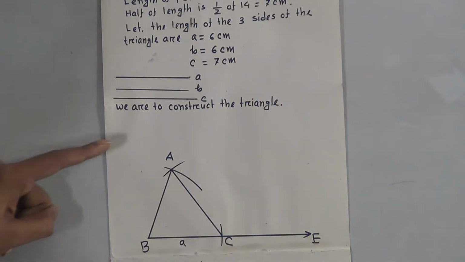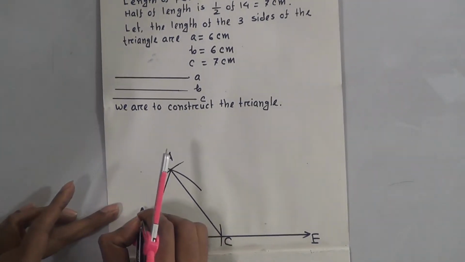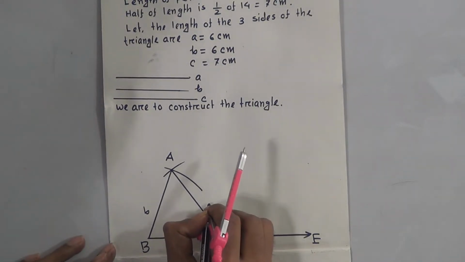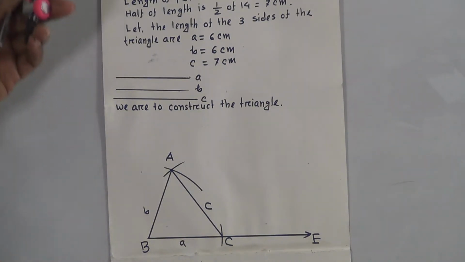Then we got ABC is the required triangle. Okay, you see this is B, that means 6 centimeter, and this is C, that means 7 centimeter. Now ABC is the required triangle. Okay, friend, no need to describe for a number, because in general a number carries 2 marks.